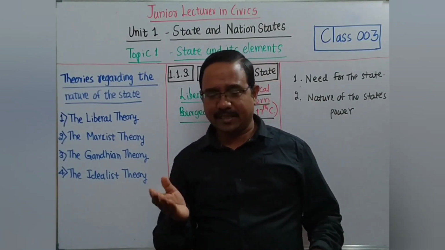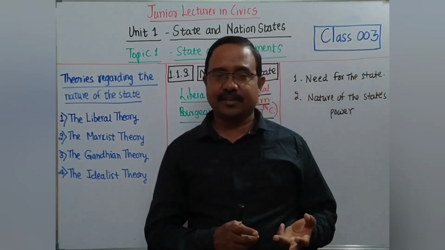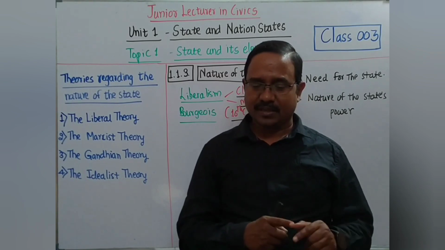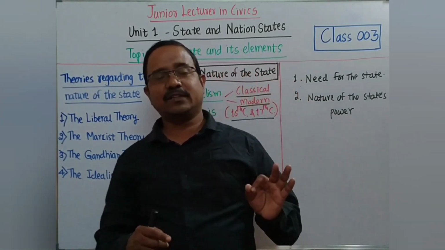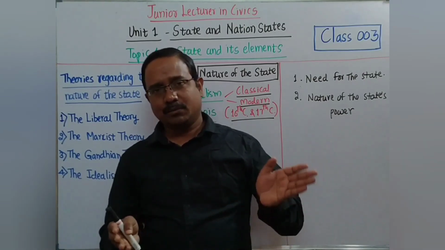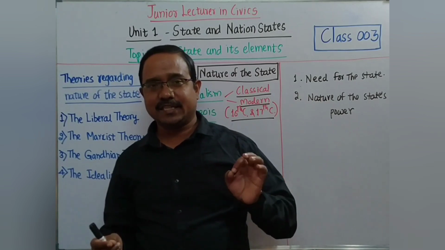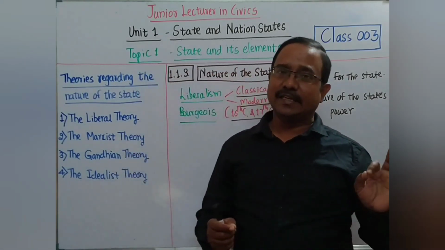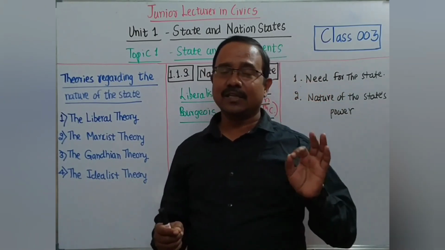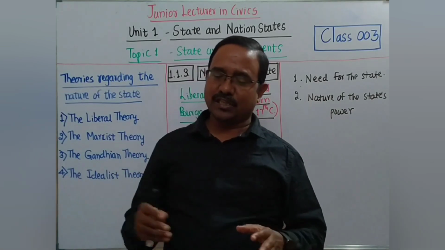Everyone is explaining his own theory regarding the origin of the state, the nature of the state, the sphere of the state, the function and ending of the state. There are unnumbered theorists, and everything is under their own point of view only. So, there are 4 theories we have to discuss.